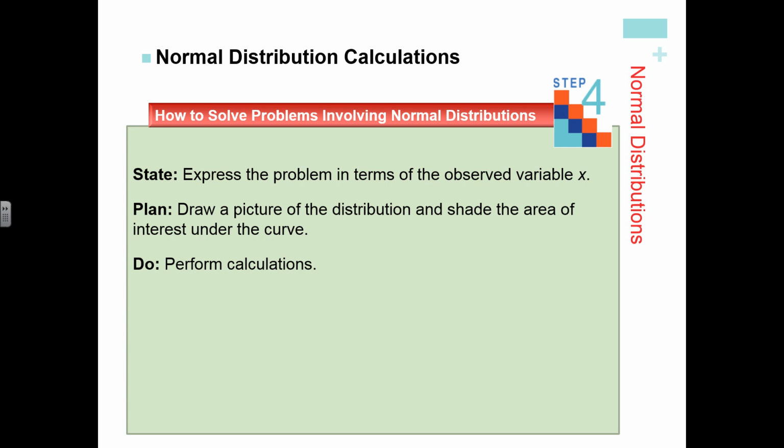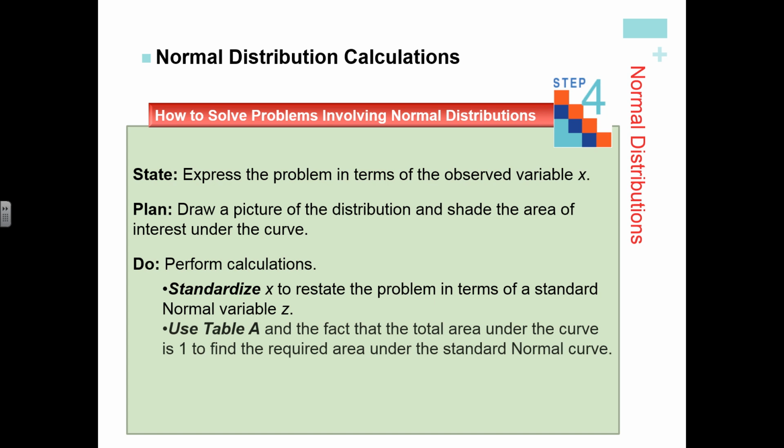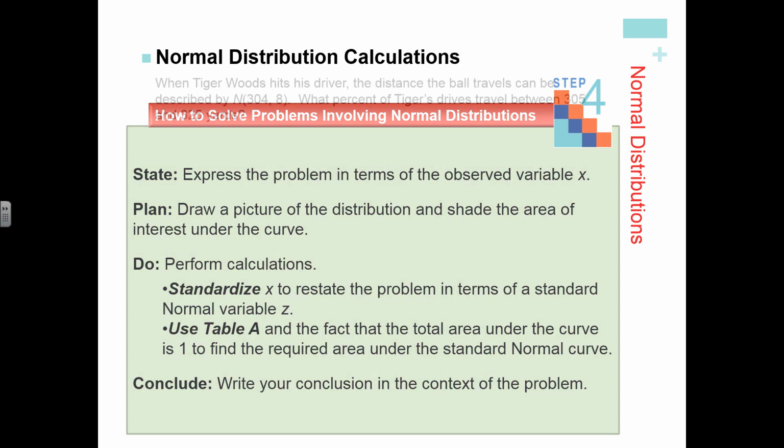Then you want to do your calculations, your z-scores, whatever you need to do. So we're going to standardize it, get our z-scores, and use our table A to get our actual percents and probabilities. And then lastly, you want to conclude in context. Don't just state the z-score; say it in context of whatever the problem is.